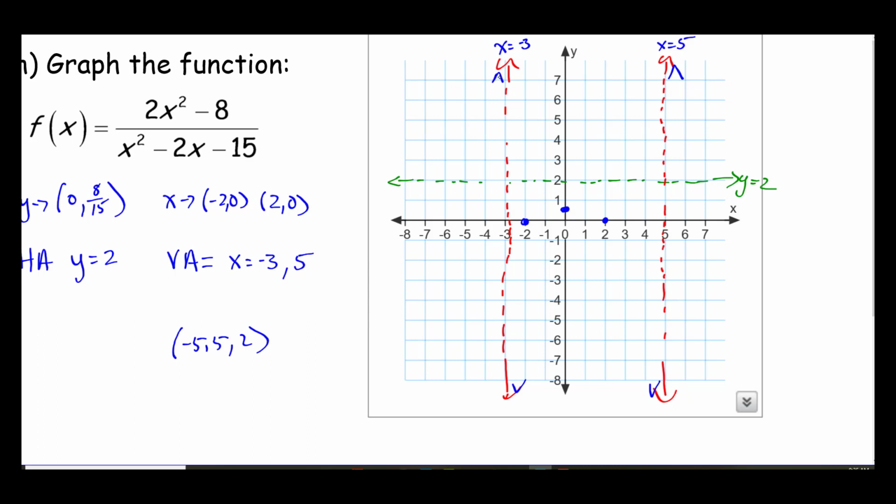In this zone, we just go like that because there's no coordinates to go to. We start at that up arrow and just kind of curve out towards our horizontal asymptote. In the middle, we start at the down arrow, go through the 3 points as best we can, and then go down to that arrow. And then finally we have this arrow here. Again, no points to go through, so we curve down towards the asymptote.